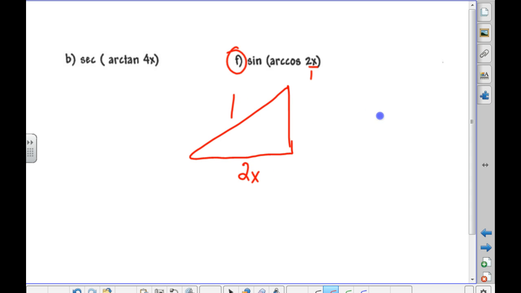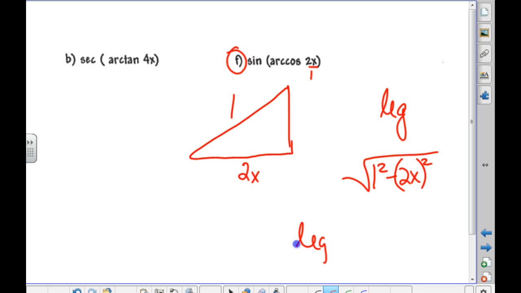I need to write an expression on that leg. Well, right here, wouldn't it be 1 squared minus 2x squared, and then square root, right? I can do leg squared plus 2x squared equals 1 squared, then I'd subtract. Now, can you simplify that?